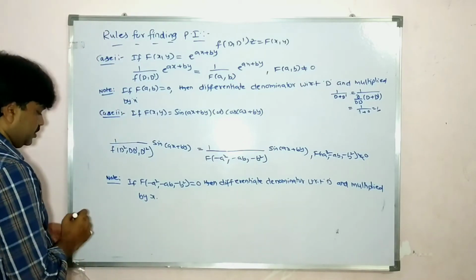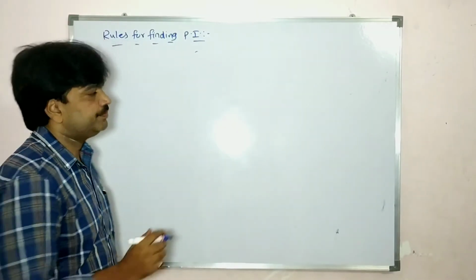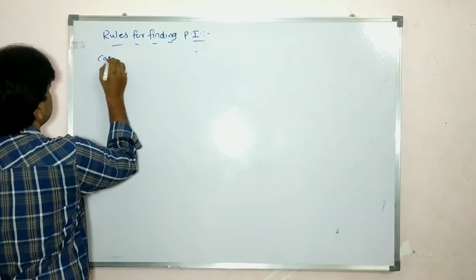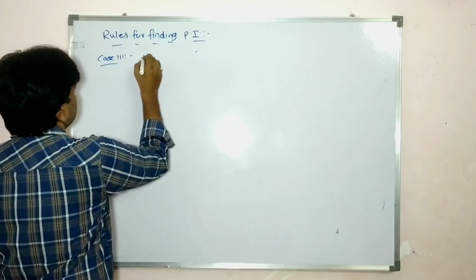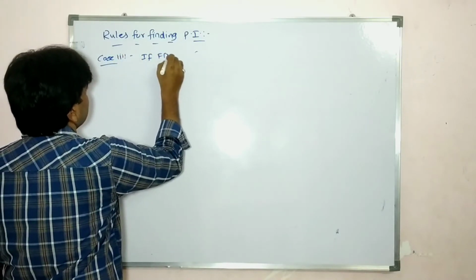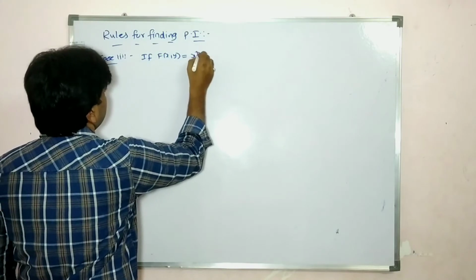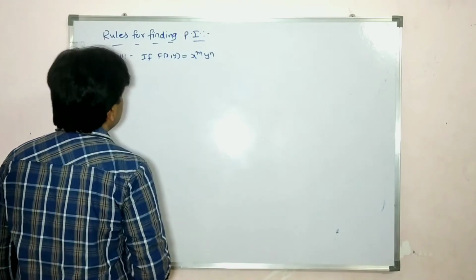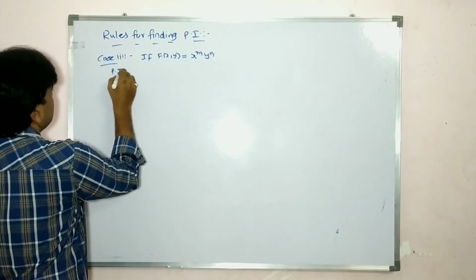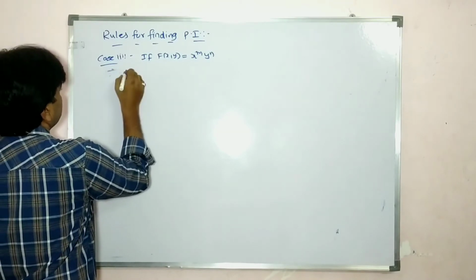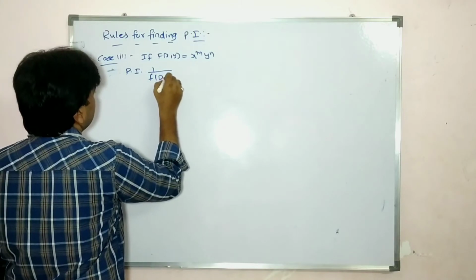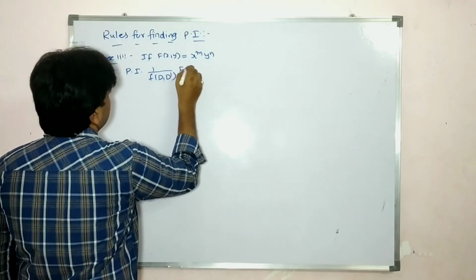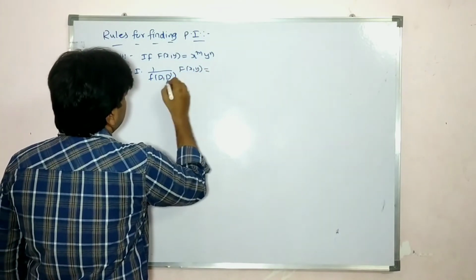Now case 3, students. What is case 3? If f of x, y is equal to x power m y power n, students. Now what is the particular integral? Particular integral is 1 by f of D, D dash into f of x, y.